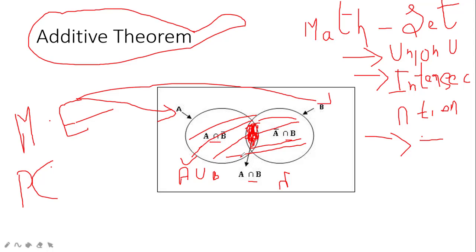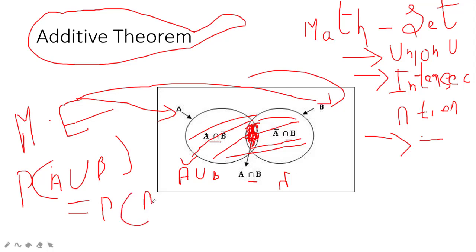So for that I need A union B, and then it equals the formula: the P of A, and then we go with the P of B as well.